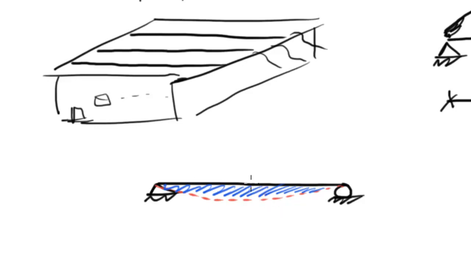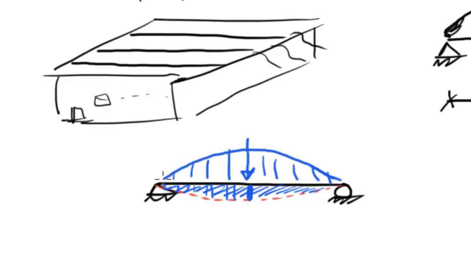So the weight of the water at the middle is maximum, and let's say it's like this, and for this portion it's going to be less, and less and less, so it's going to look something like this, and on the other side it's going to look something like this. So I can represent it with the load looking like this.